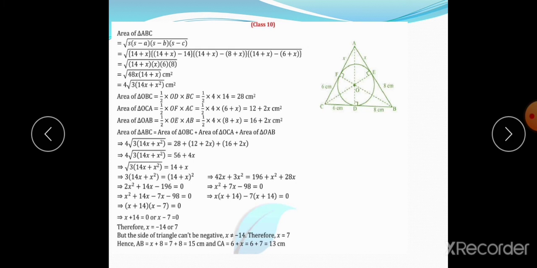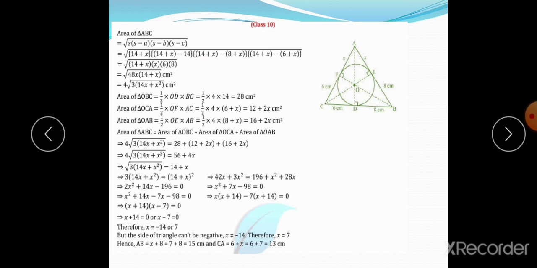The sum of all sides is 6 plus X plus 14 plus 8 plus X, which is 28 plus 2X. Taking 2 outside, S will be 14 plus X. If we compute S(S minus A)(S minus B)(S minus C), we get 48 is 16 times 3, and the square root of 16 is 4, so 4 root of 3 times 14X plus X squared centimeter square. This is the first equation for the area of the triangle.